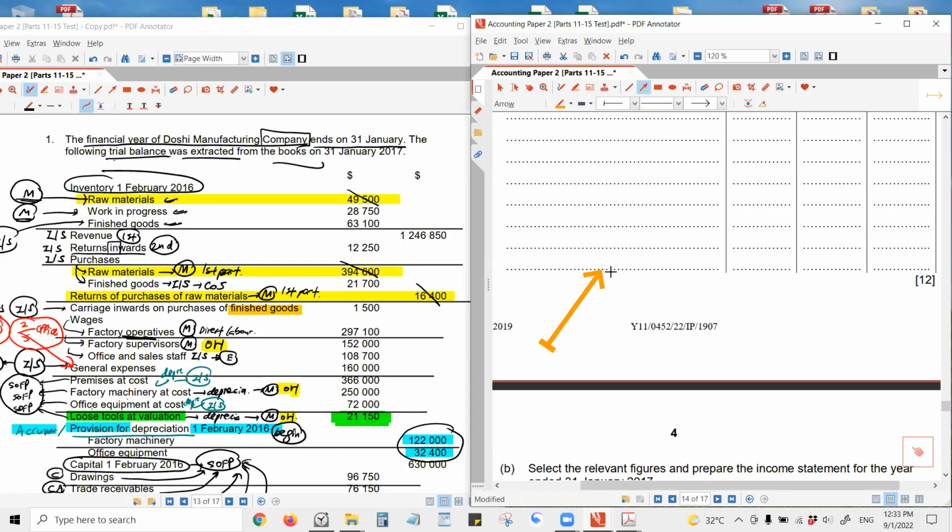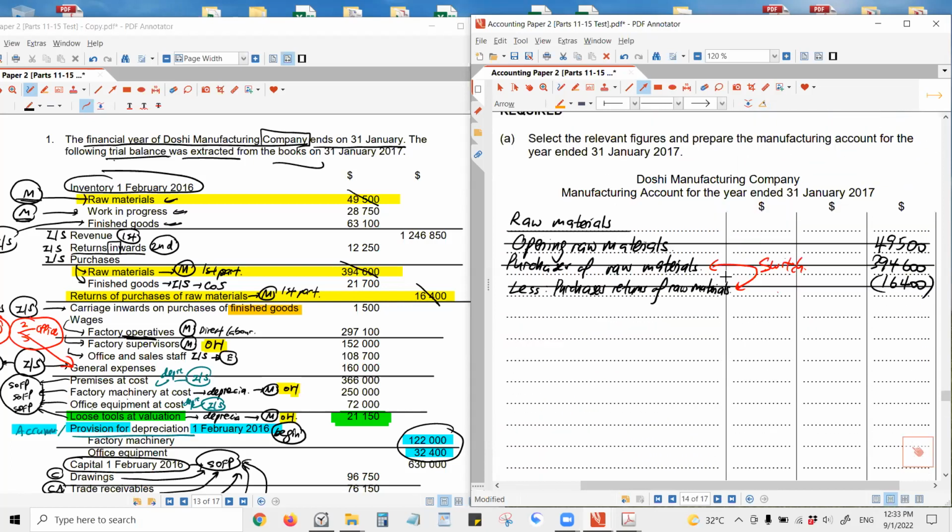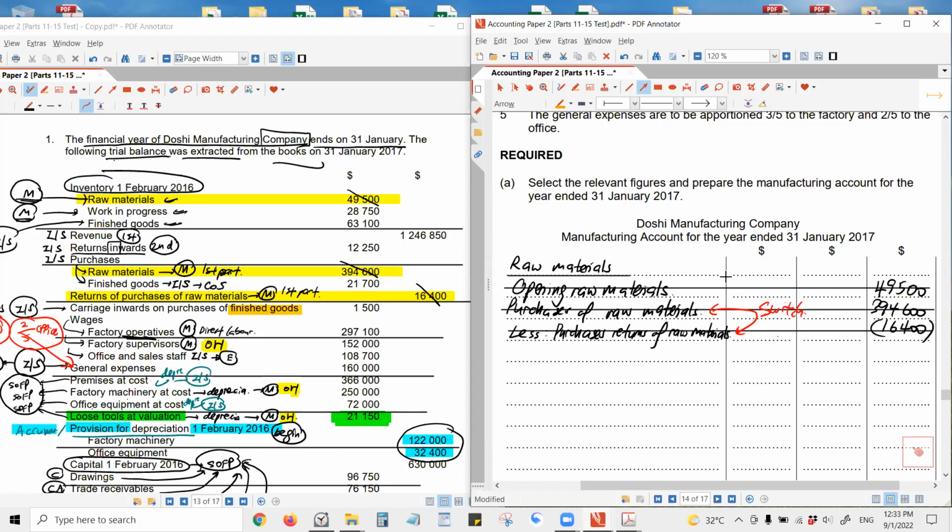Then you raise your hand, get extra foolscap paper from the examiner. Okay, it's all right. Then you indicate clearly which question you are doing. Let's say this is question 5, so 5A. Then you continue the answer on that separate piece of paper. Okay, but try not to do so because you might have wasted a few minutes. If you have really no choice, then you use the extra foolscap paper.